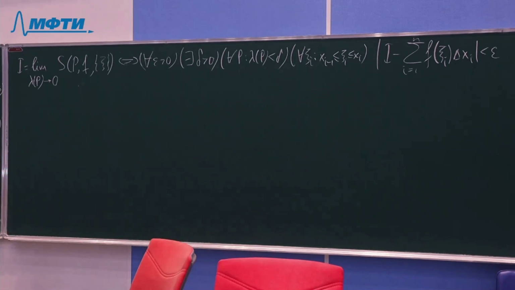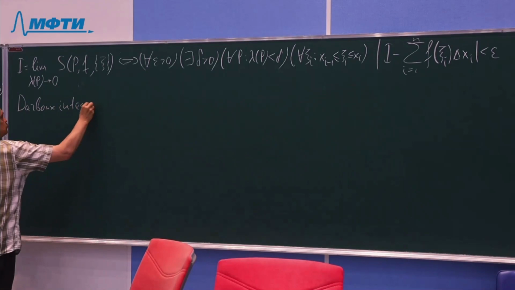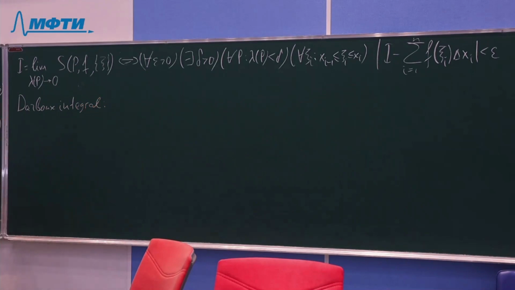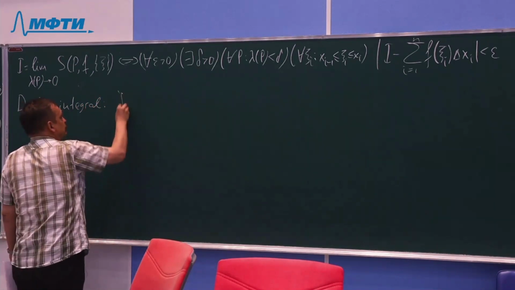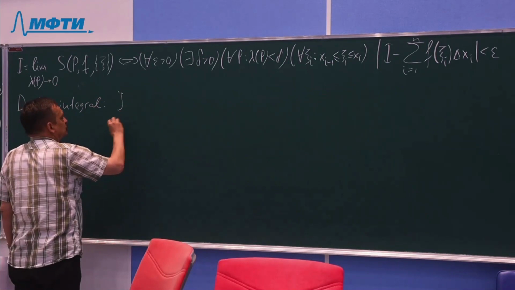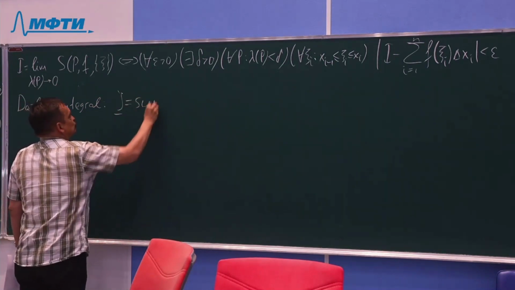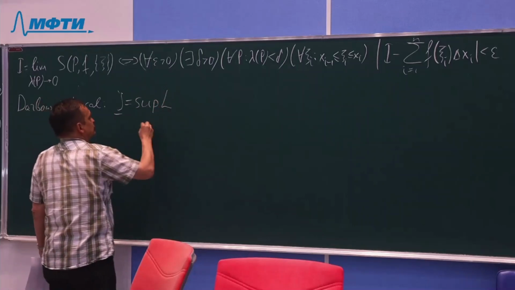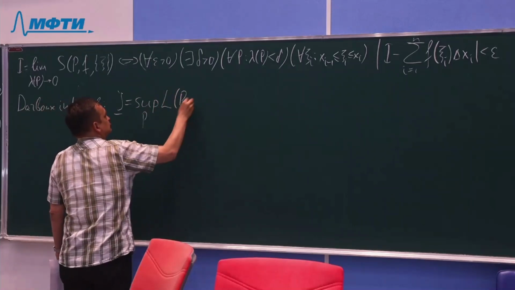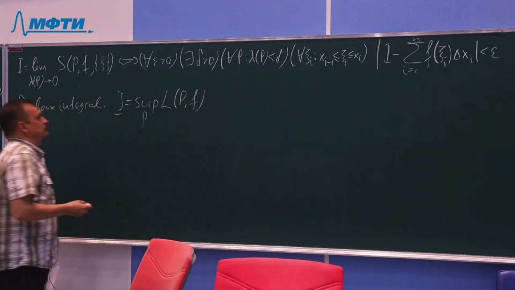Darboux sums. Remember, there is also Darboux integral, right? So what is it? We have upper and lower integral. So lower integral is supremum of lower sums, lower Darboux sums, right?